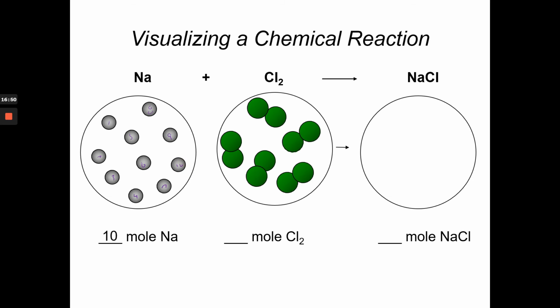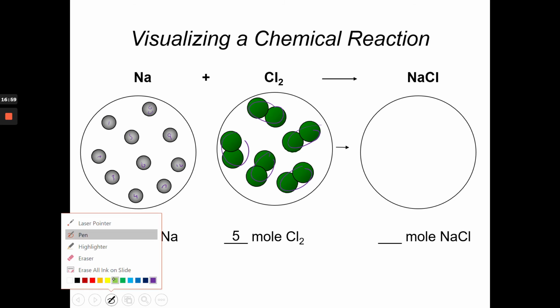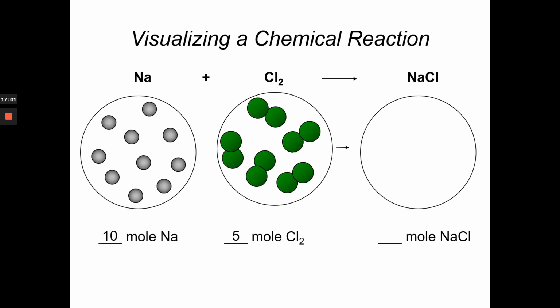Now, for the chlorine, I have 1, 2, 3, 4, 5 moles of chlorine. And what they're going to do is react. And we're making NaCl. We don't really know how much we're going to make, but let's visually figure this out.